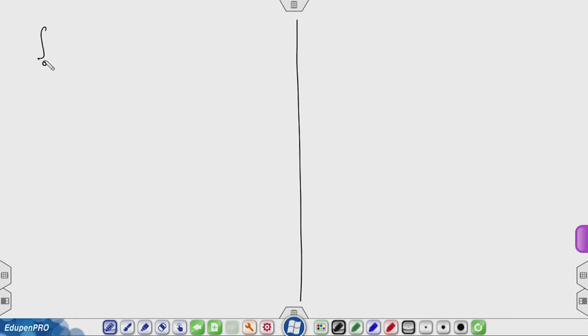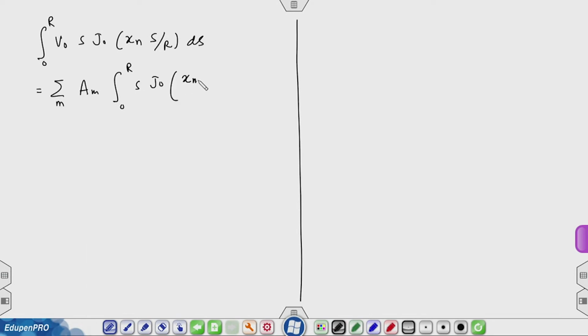I have integral 0 to r V naught s J0 x n s over r d s is equal to summation m a m integral 0 to r s J0 x m over r s J0 x n over r s d s times sine hyperbolic x m over r d.